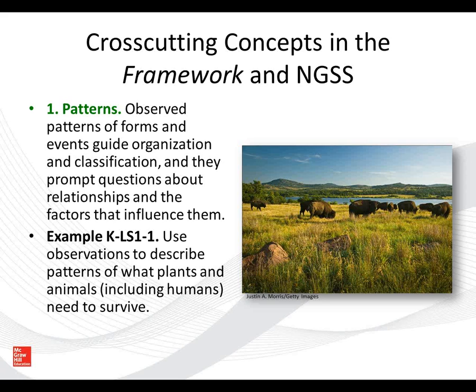So for example, in this kindergarten example, students are expected to use observations to describe patterns of what plants and animals, including humans, need to survive. So, for example, all animals need to eat. They reproduce. They need to drink. They need to breathe fresh air, and so forth.